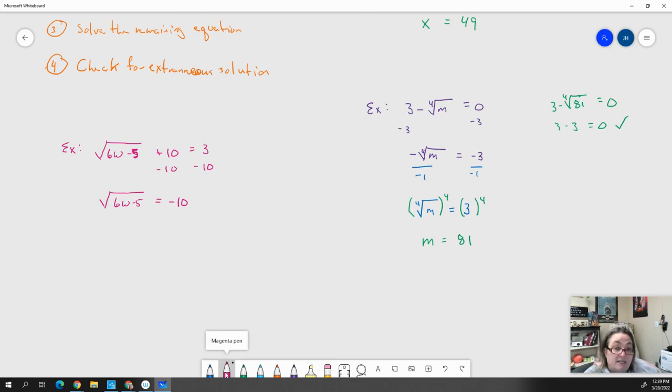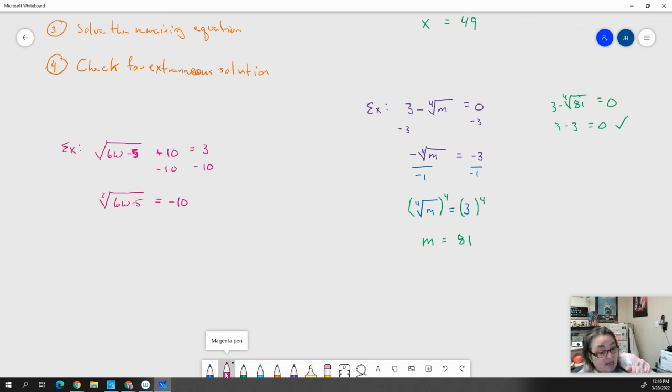This is technically an index of 2, even though it's not written because we don't write the 2. And it is set equal to something negative. So I can tell you right now that there isn't a solution there. Well, the thing is if I have negative 7 times negative 7, that is 49. When we square it all, it's not going to stay a negative.